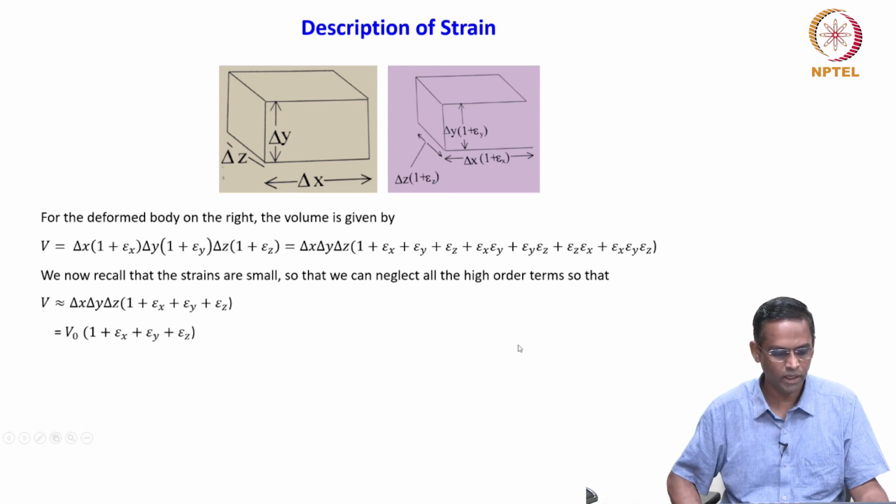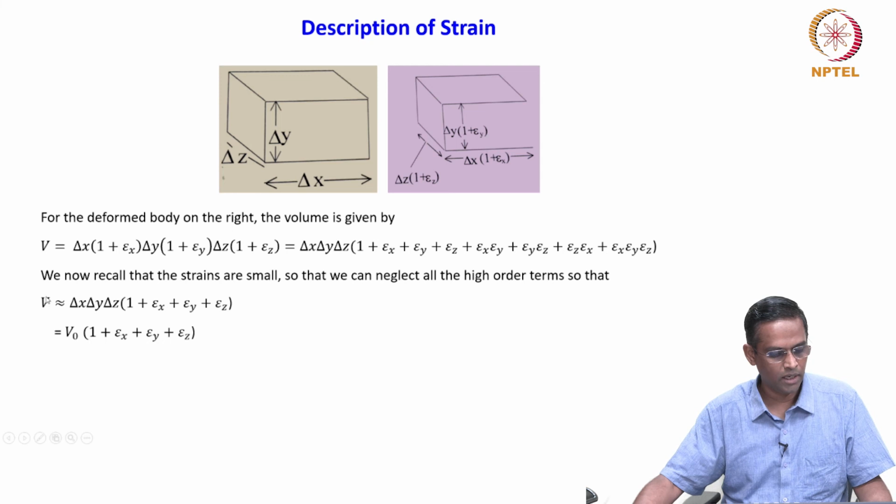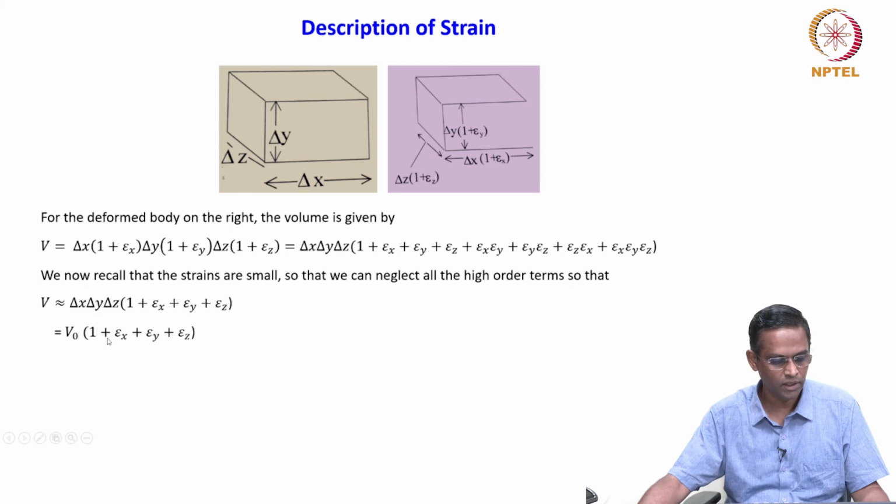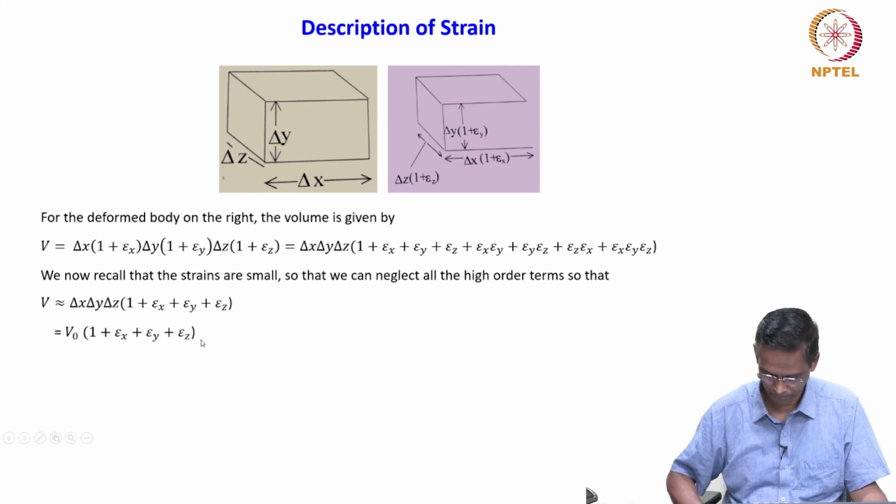So then what we will get is something like this. V is approximately equal to delta x, delta y and delta z times 1 plus epsilon x plus epsilon y plus epsilon z, which can be rewritten like this, V naught into 1 plus epsilon x plus epsilon y plus epsilon z.